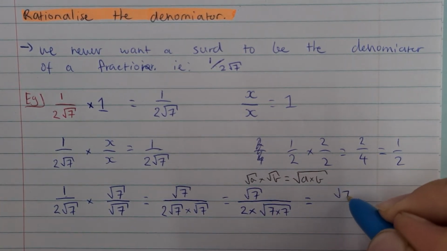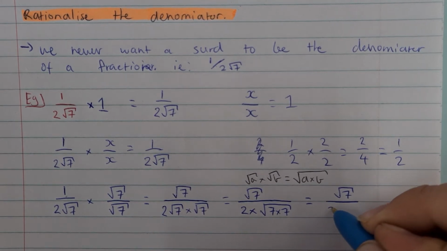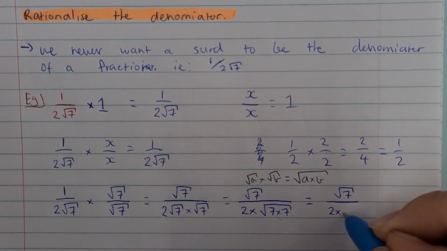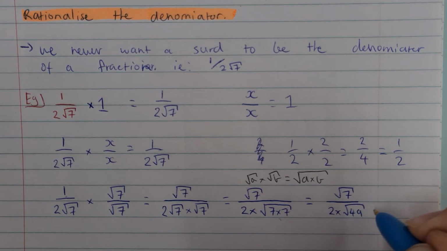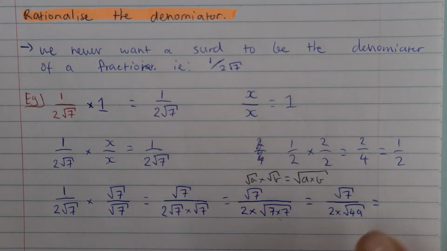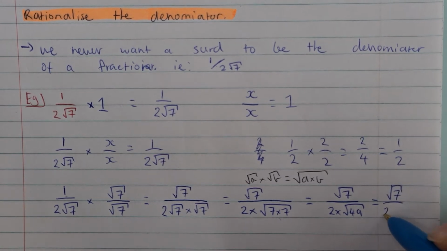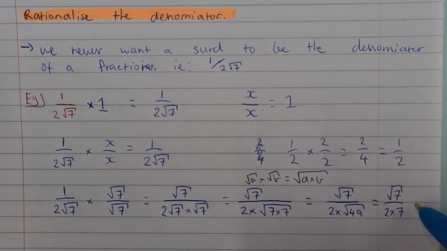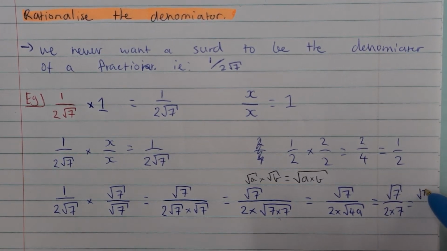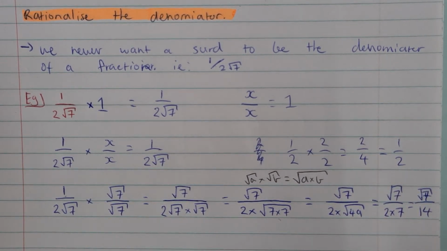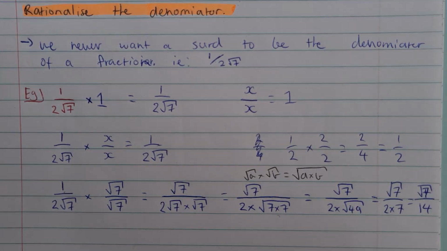Let's continue to simplify this. 2 times 7 times 7 is root 49. The square root of 49 is 7. So we've got root 7 over 2 times 7. And 2 times 7 is 14. So we end up with root 7 over 14.